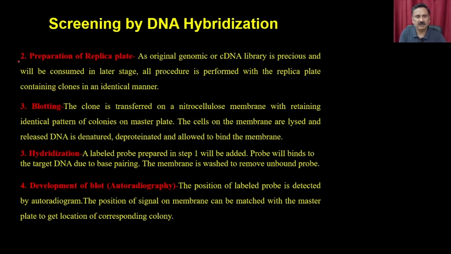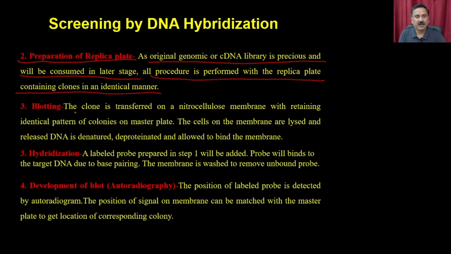For the screening purpose, I have to prepare the replica plate. As the original genomic DNA or cDNA library is precious and will be consumed at a later stage, the whole procedure is performed with a replica plate containing the colonies in an identical manner. First you transfer the clones onto a nitrocellulose membrane, retaining the identical pattern of the colonies on the master plate.